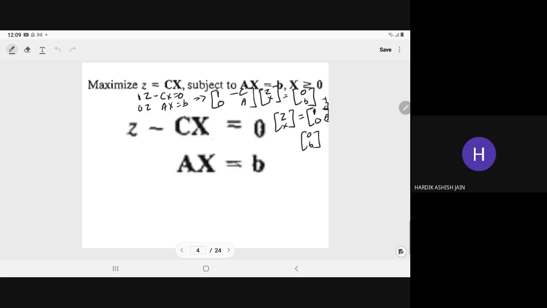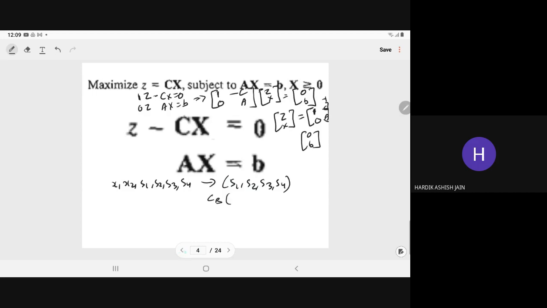In this case, if you recall, in the very first step, with x1, x2, s1, s2, s3, s4, the basic variables are s1, s2, s3, s4.